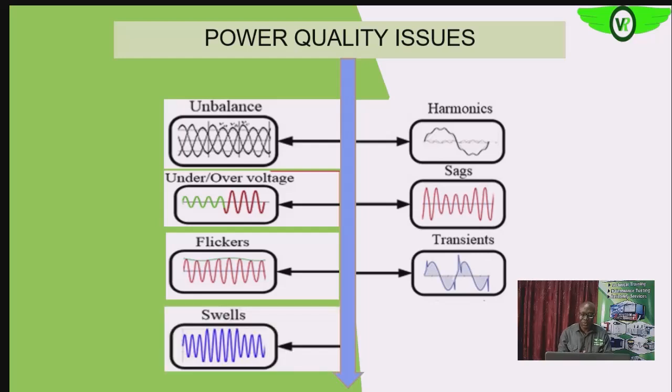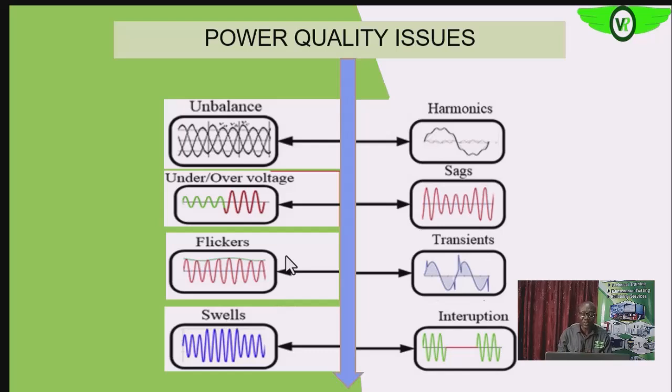So we have discussed voltage swell before, and this one that we saw here is the sag. It lasts for less than a minute, from half a second to about a minute. Then the swell, you see increased voltage that lasts for the same half a second to about a minute, as we discussed before. Then we have voltage interruptions.